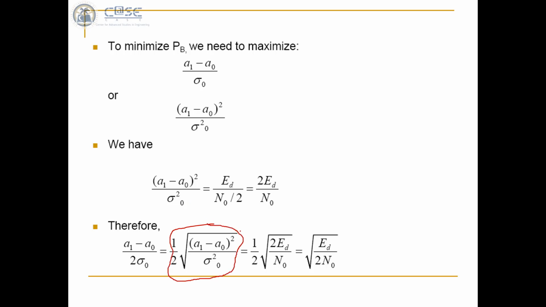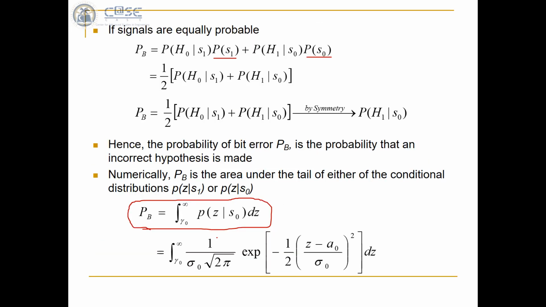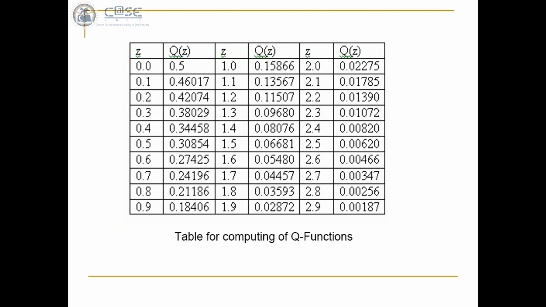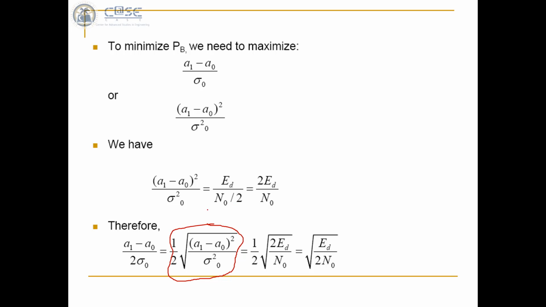And you know that A1 and A naught are nothing but the norms of the signals being plotted on the constellation diagram. A1 and A naught are the norms, right? And norm is nothing but the square root of energies, right? So here we are computing the energy difference between the two signals.